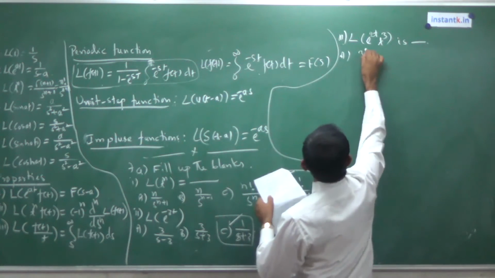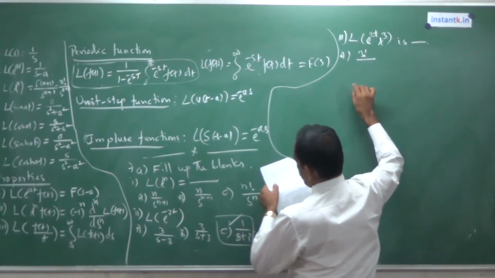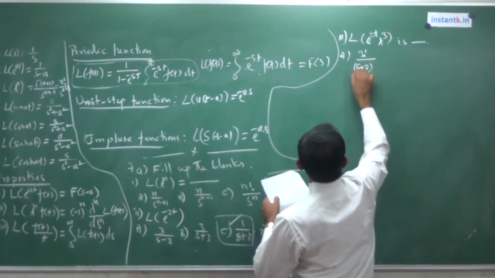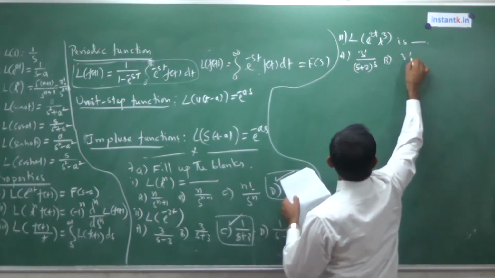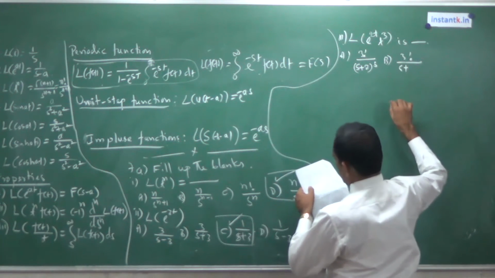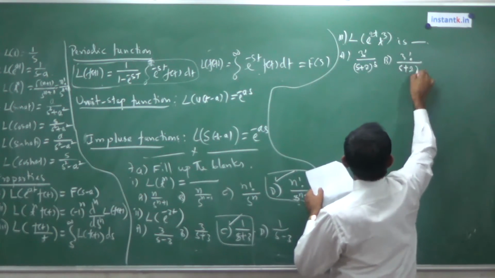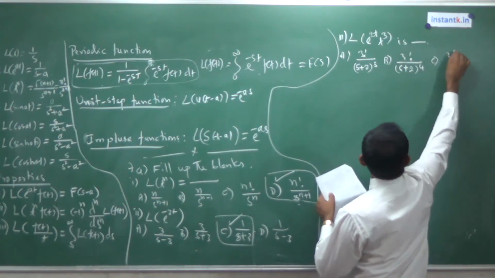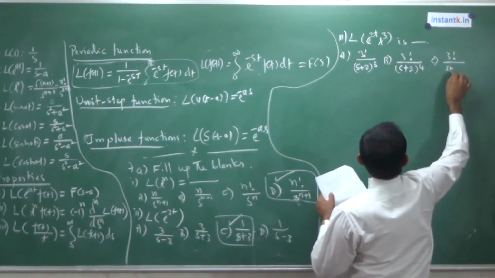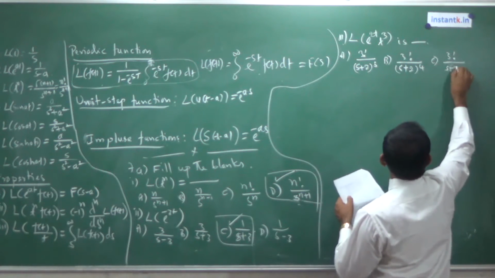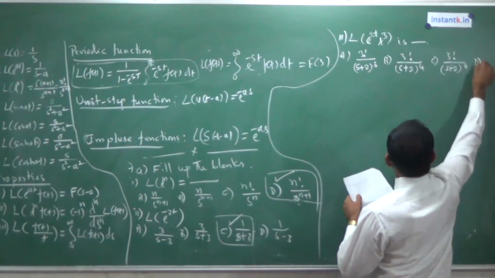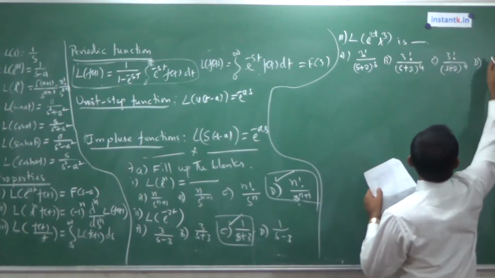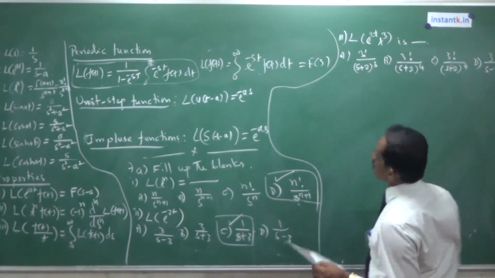A is 3 factorial divided by s plus 2 whole cube. B is 3 factorial by s plus 2 whole to the power 4. C is 3 factorial by s minus 2 whole to the power 4. D is 3 by s minus 2.